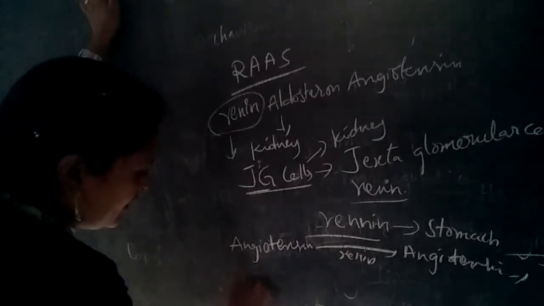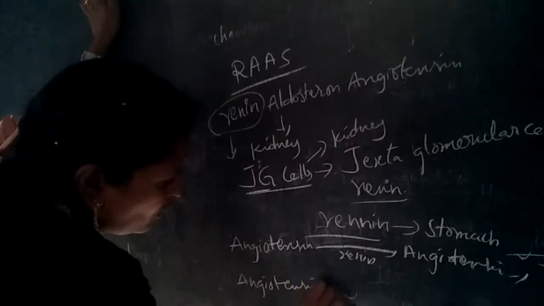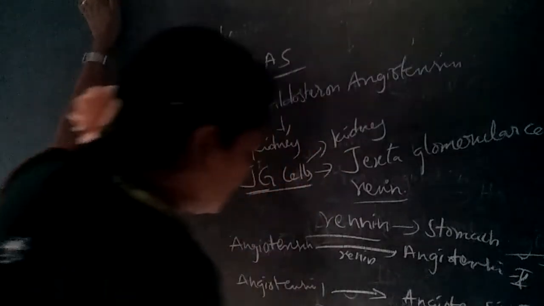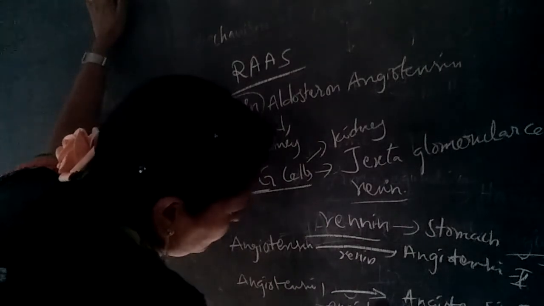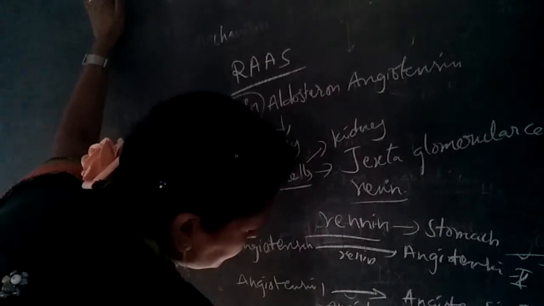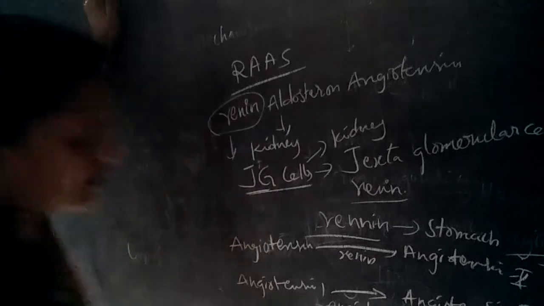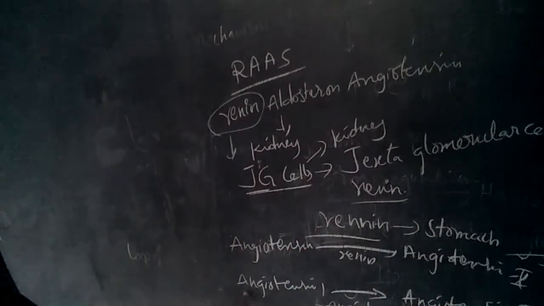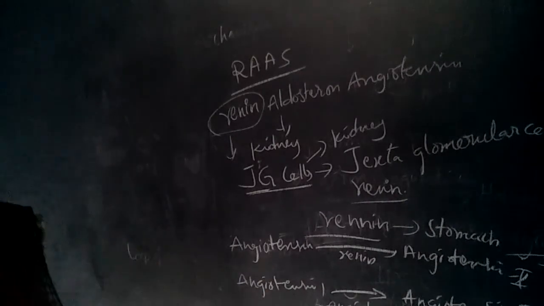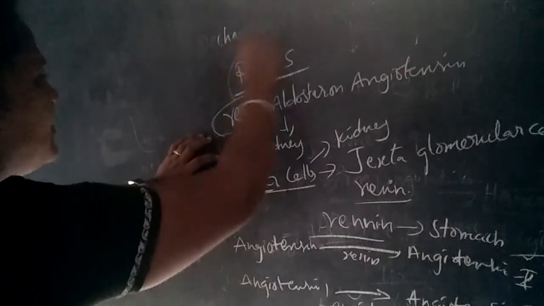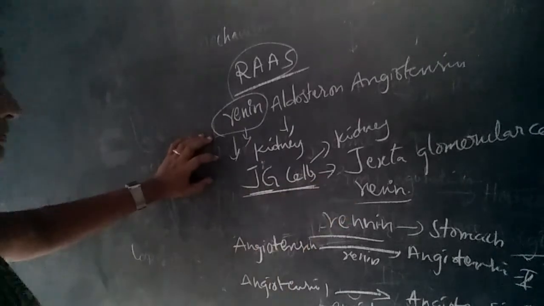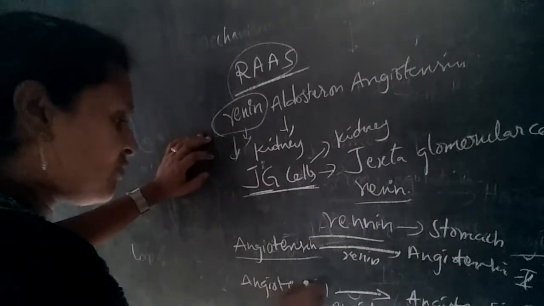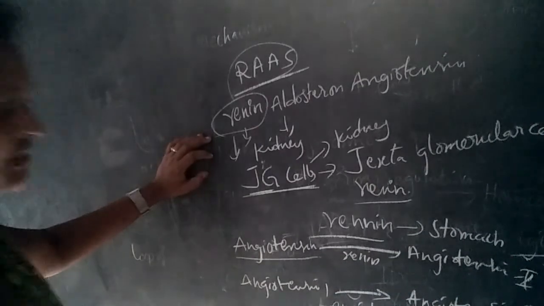And angiotensin 1 is converted into angiotensin 2 in the presence of angiotensin converting enzyme. So in the RAS cycle, renin is produced by the JG cells, angiotensinogen is converted into angiotensin 1 in the presence of renin, and angiotensin 1 is converted into angiotensin 2 in the presence of the angiotensin converting enzyme.